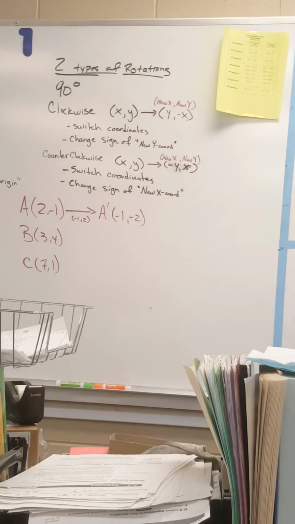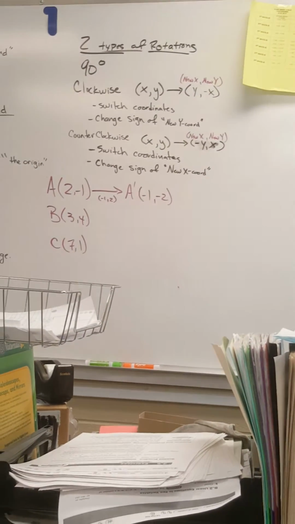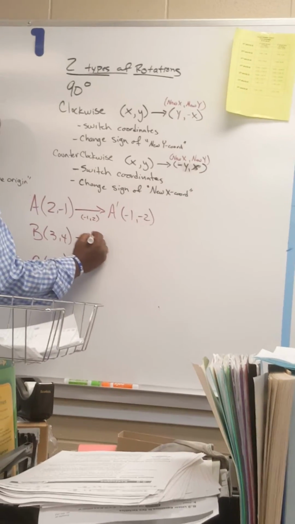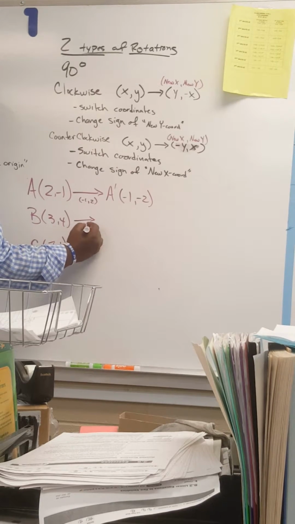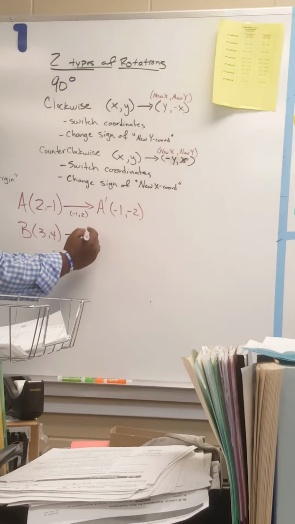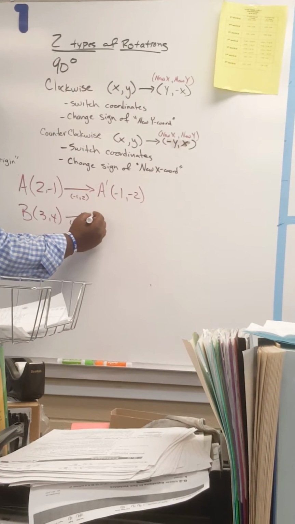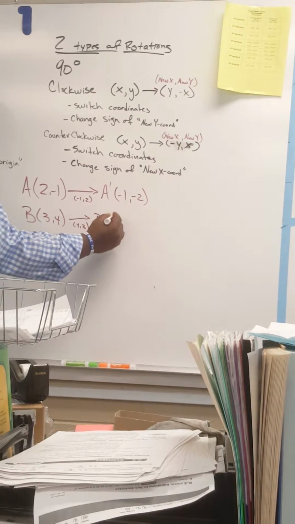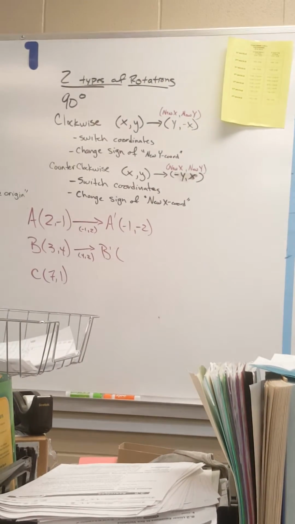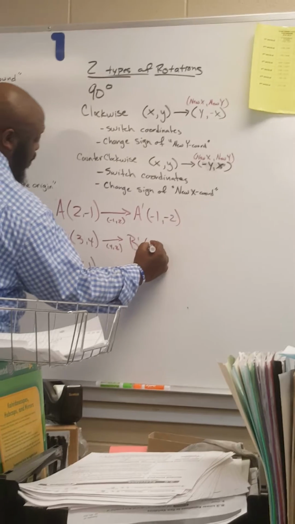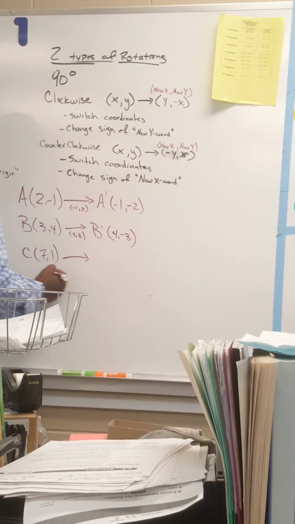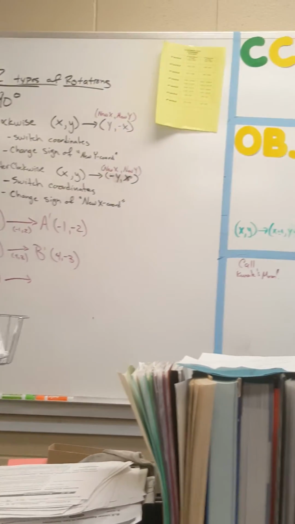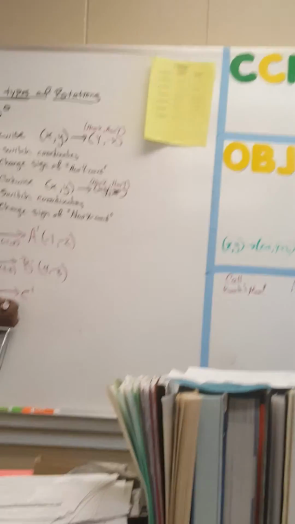What about for B? First you switch the coordinates, so I get 4, 3. My new point is called B prime, and the new coordinate is 4, negative 3. And for C prime, 1, 7, and then you change 7 to negative 7.